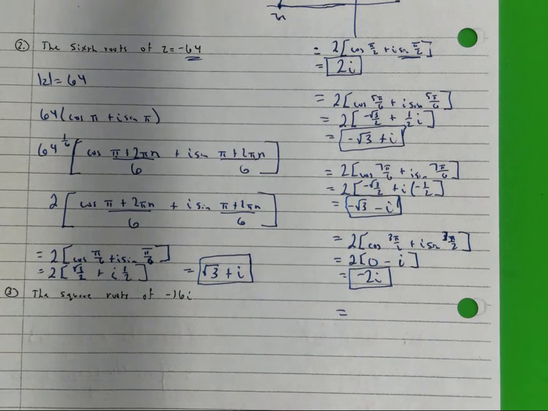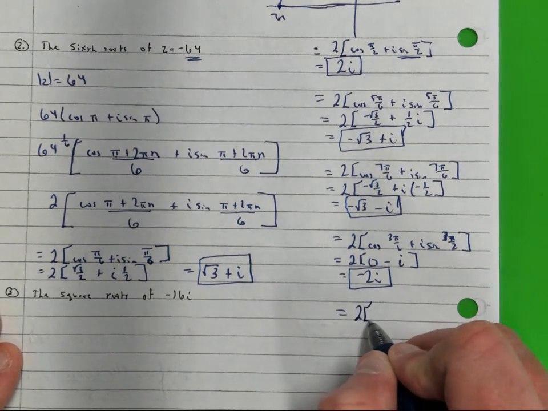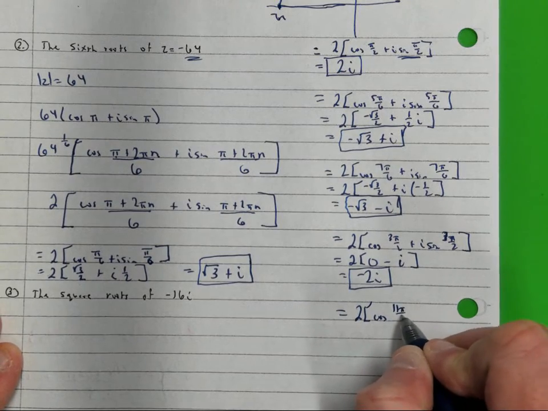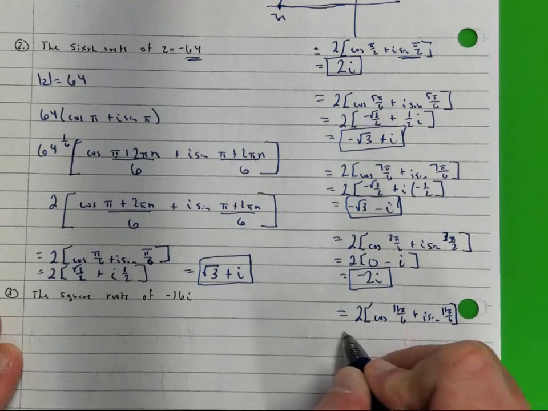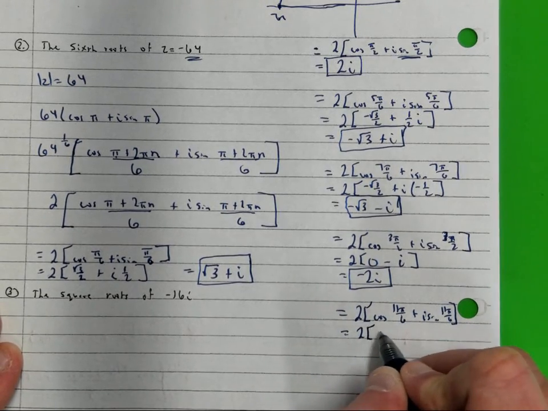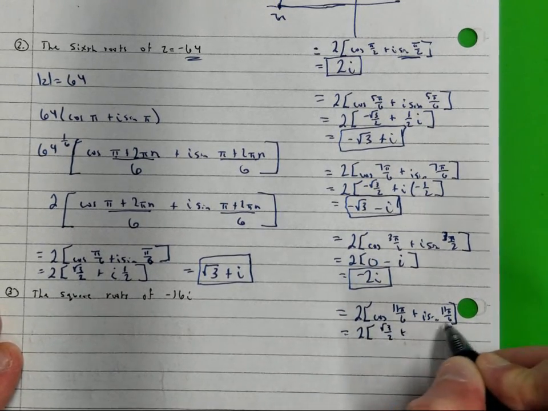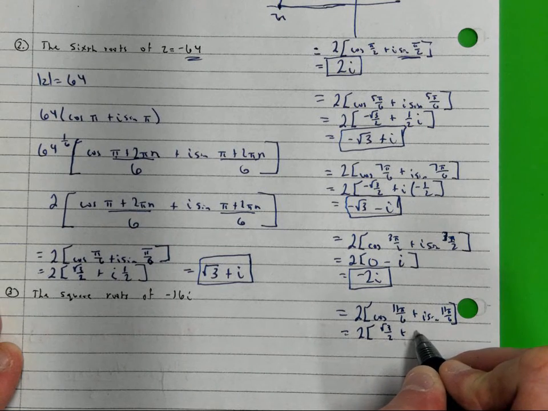If I plug 5 in there, I get 5 times 2 pi, which is 10 pi, plus pi is what? 11 pi over 6. Cosine of that is root 3 over 2. Sine of that is negative 1/2.